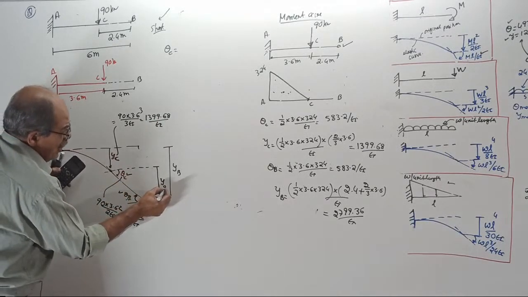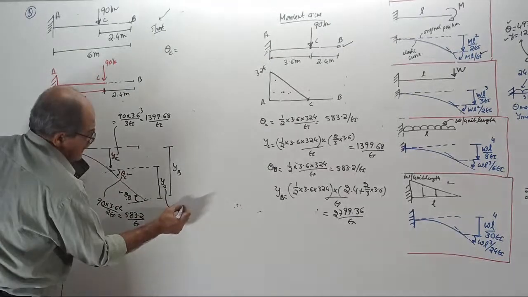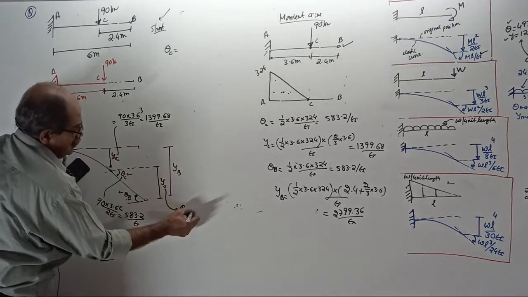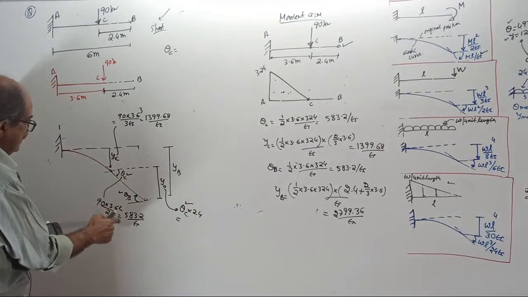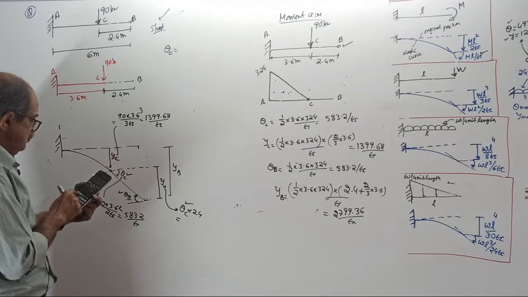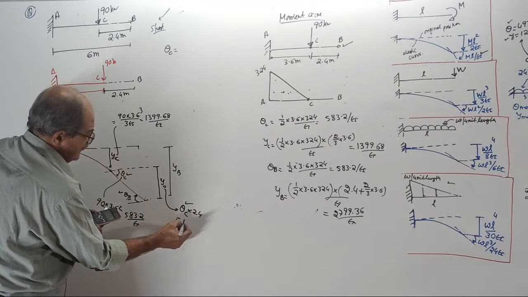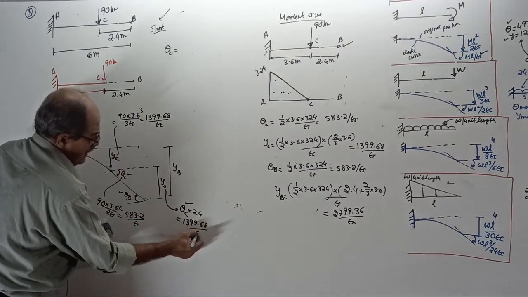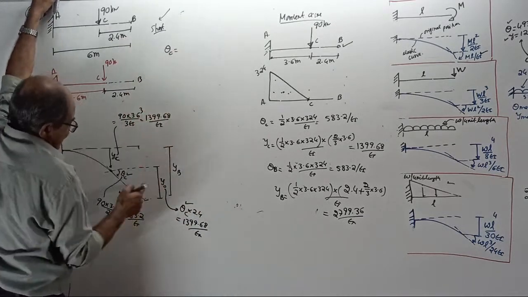And this Y naught equal to whatever is your theta C into subsequent length, 2.4. Theta C is already known for you. Where is it? 583.2 into 2.4. Calculate. 1399.68 by EI.